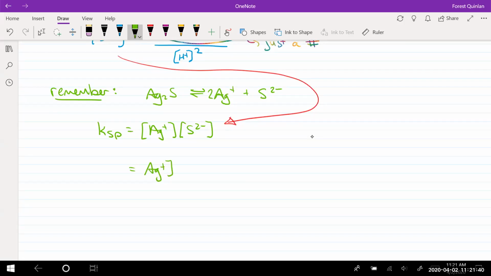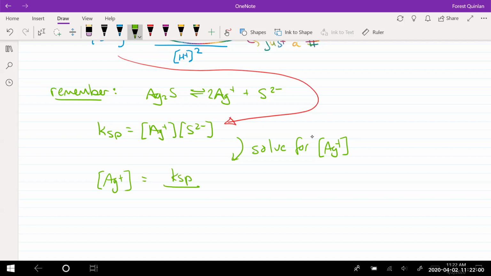So that means that the KSP, well, actually, let me solve this real quick for our silver ion concentration, because that's what we actually care about. So the concentration of Ag plus is equal to the KSP divided by the concentration of S2 minus.